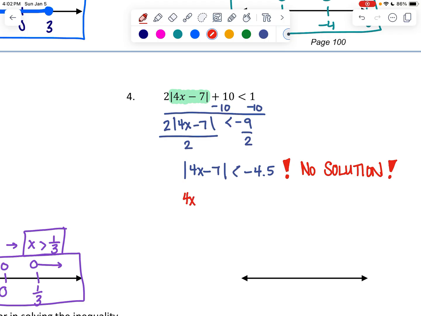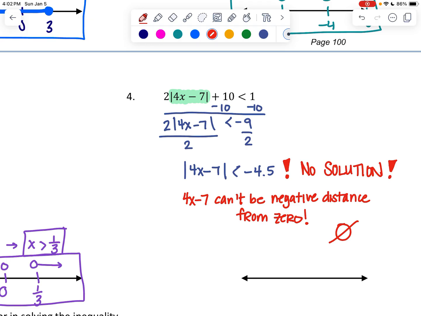So 4x minus 7 can't be negative distance from 0. Okay, so it can't be negative distance from 0, not possible, so this is a no solution. Just leave your number line blank and give me a big fat 0 with a slash through it.